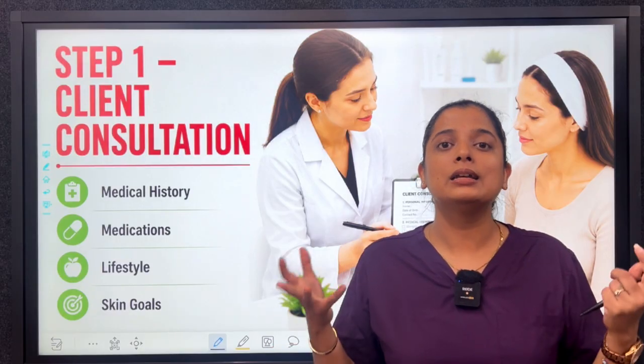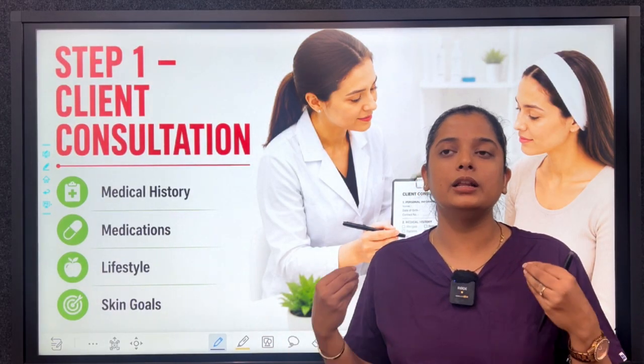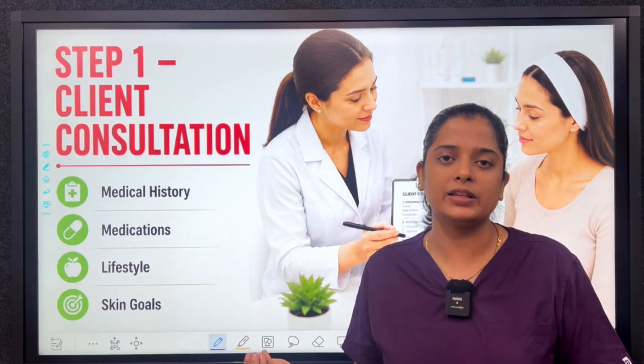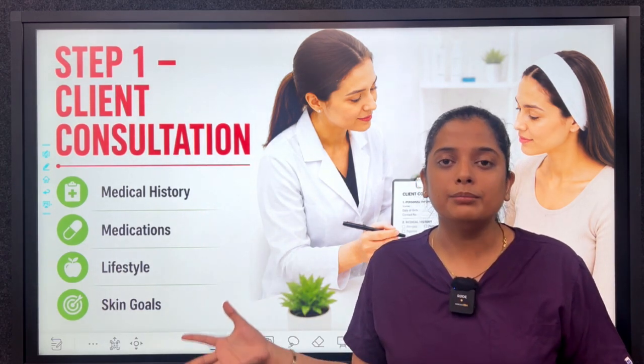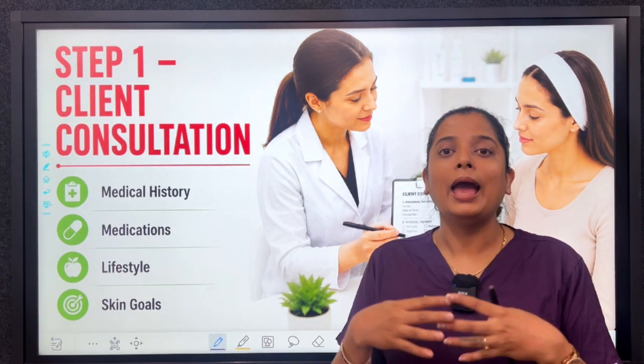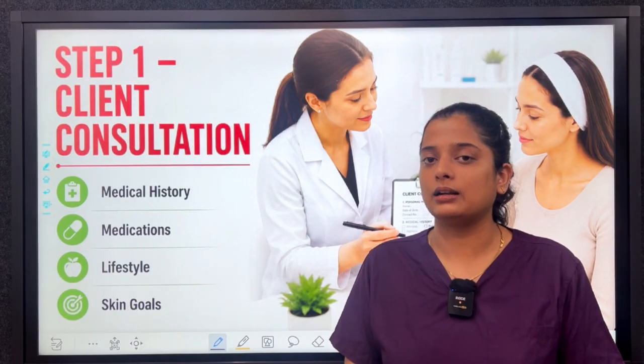Last but not the least, any mental, physical, emotional disturbance the client is facing. So we need to combine all those things and then we need to treat that.